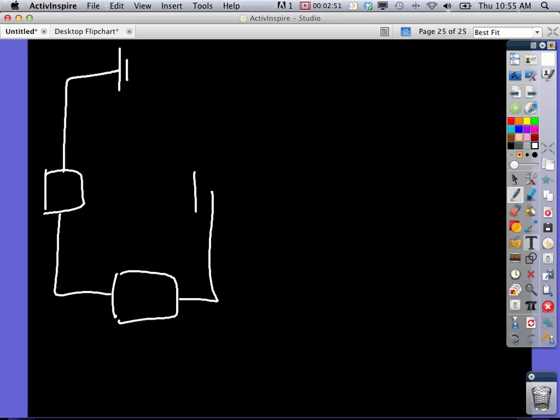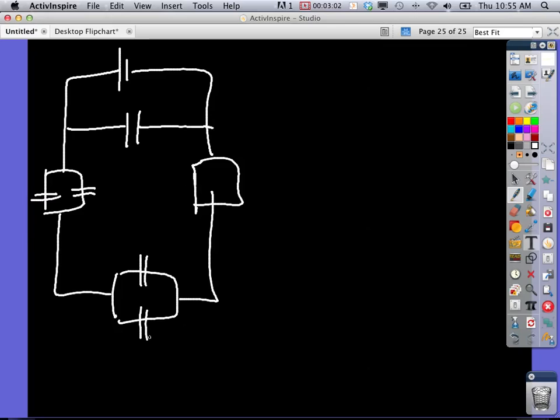All right, so then let's do something similar. So let's go make this, these are all going to be in microfarads. So let's make this one 3, make that one 9, make this one 4, make this one 2.